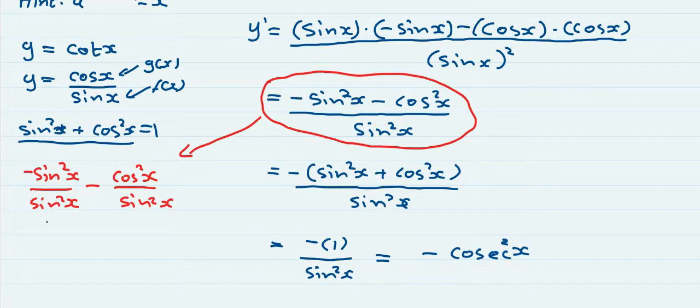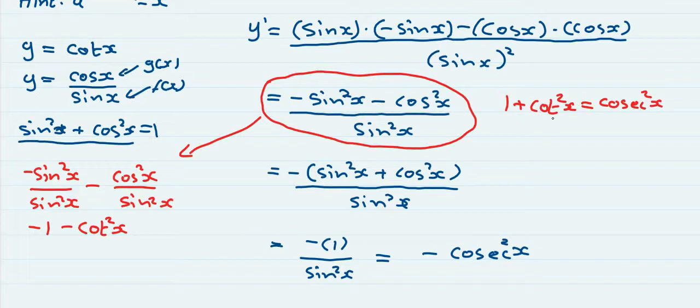So sin squared x over sin squared x is minus 1, minus cos squared x over sin squared x is cot squared x. And from the identity, 1 plus cot squared x equals cosec squared x.